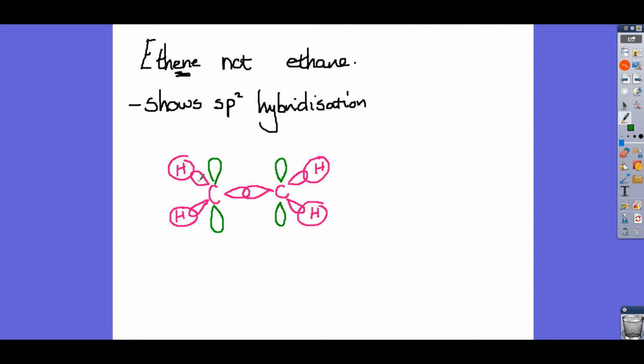So we've got an end-on overlap forming all these sigma bonds, and there's 1, 2, 3, 4, 5 sigma bonds in ethene, and then you have these p orbitals showing a sideways overlap along that way, forming the pi bond.